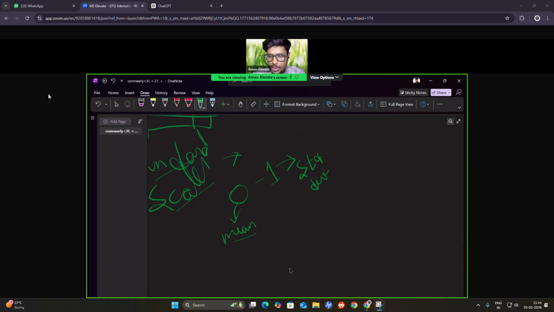Means min max normalization. Okay. So this is how it works.